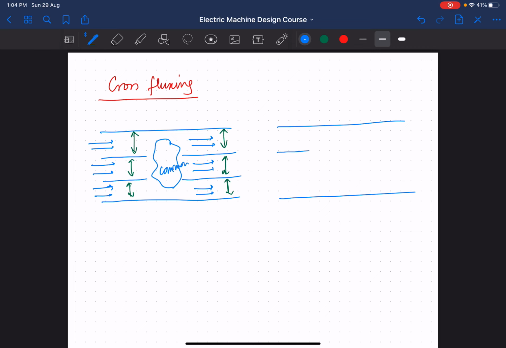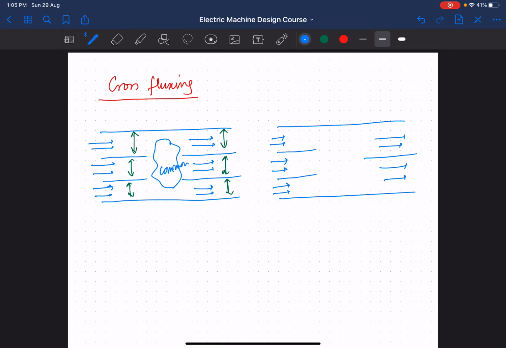As opposed to this, if you have an incoming path of a particular area and only two outgoing channels, what is going to happen inside this common area?